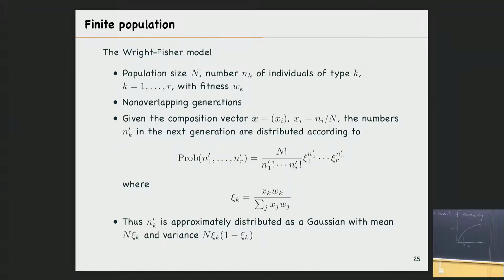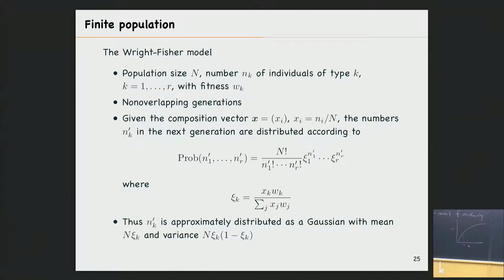So the probability to have a composition n'1 to n'r is given by this multinomial coefficient times this factor, which is related to the frequency of this type in the previous generation, but weighted according to its fitness.